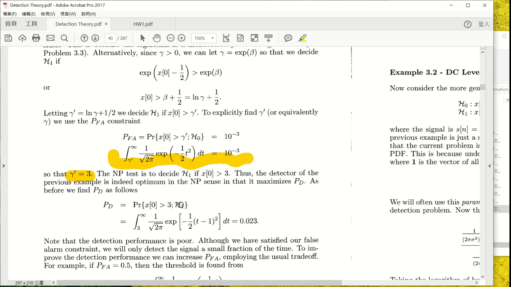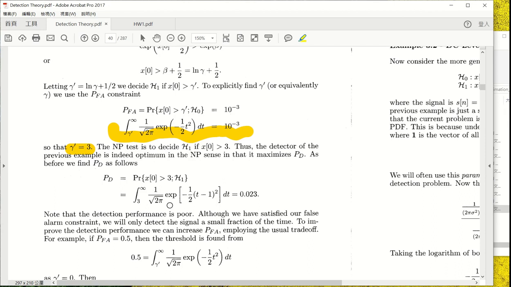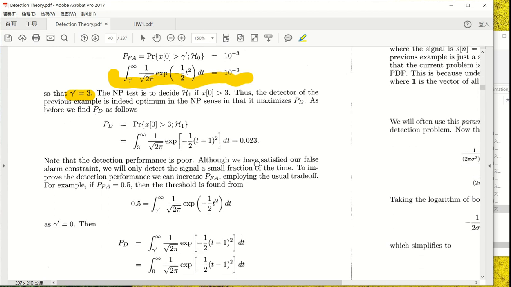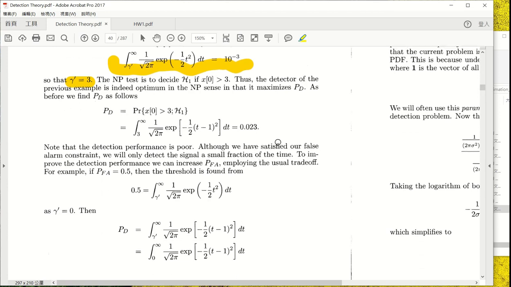Conditioned on H1, this is exactly what a detection is doing. So we are computing the probability of detection, and you integrate from 3 to infinity. So you get something like that.